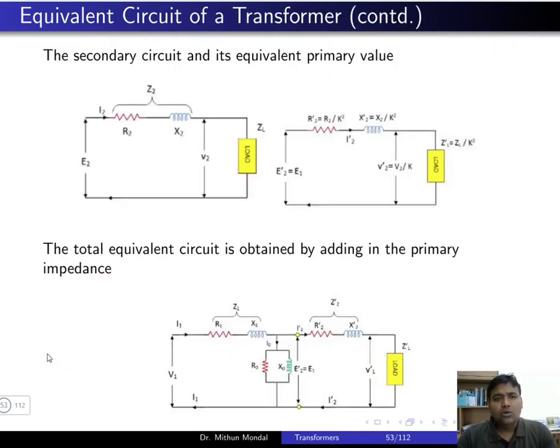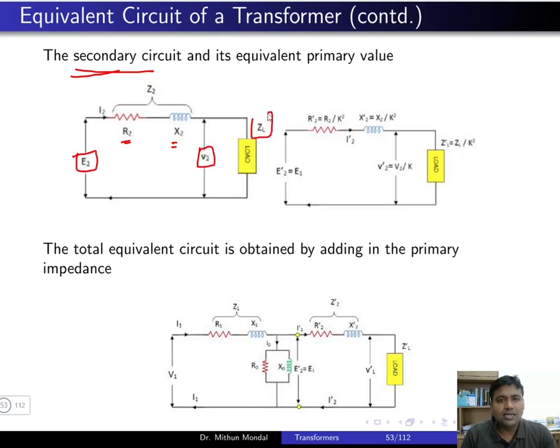Now we will be obtaining the equivalent circuit parameters by doing certain tests. Let us see the secondary circuit first. We are taking the secondary circuit having resistance R2, reactance X2, and induced EMF E2, which is producing a voltage V2 on the load.